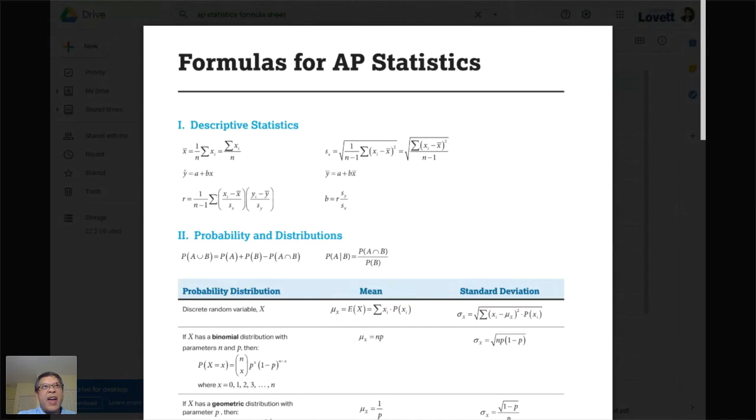This P of A given B formula is a big part of what Bayes' theorem is, and I'll talk about what that means. Let me unshare that and go back to the whiteboard.